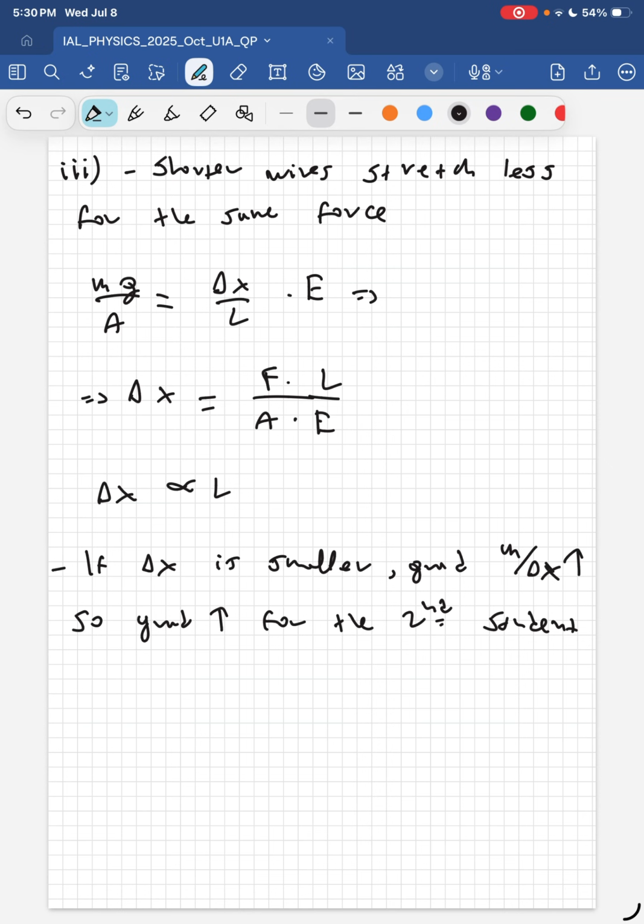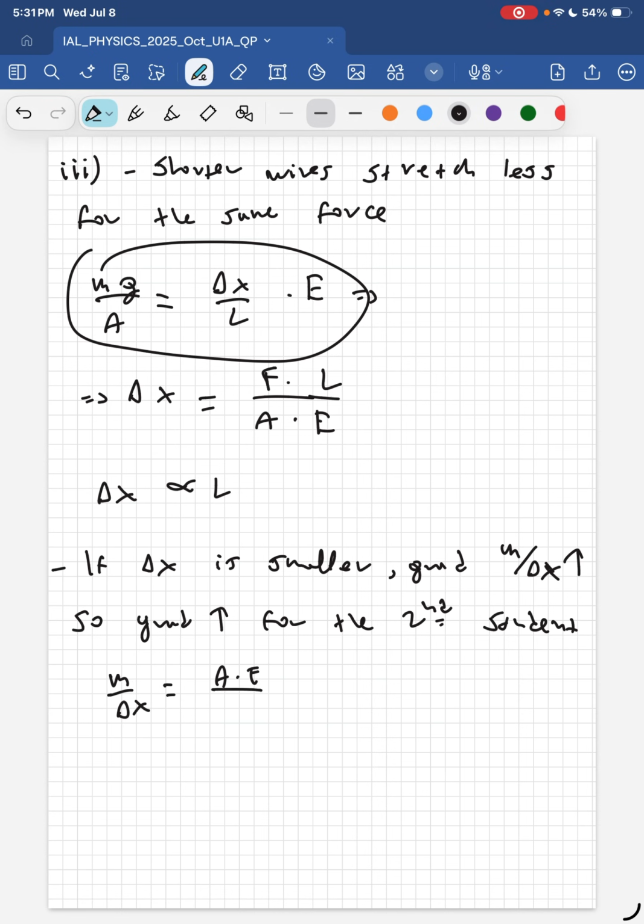Is there another way to see this? m over delta x is actually proportional to 1 over L. If you take this equation again, m over delta x is equal to A times E over g times L. So if L decreases, m over delta x increases.